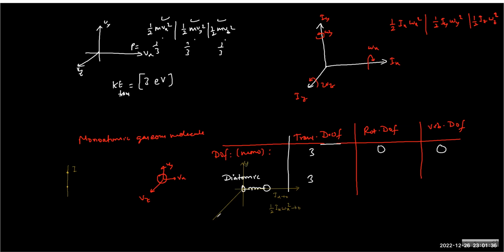But the moment of inertia about the y-axis is non-zero. Why? Because the first atom is on the axis, but the second is a bond length away, some distance d, and therefore it will have some energy contribution from half Iy. And similarly about the z-axis, the first will make 0, and the second will make some energy contribution. How much? Half Iz.